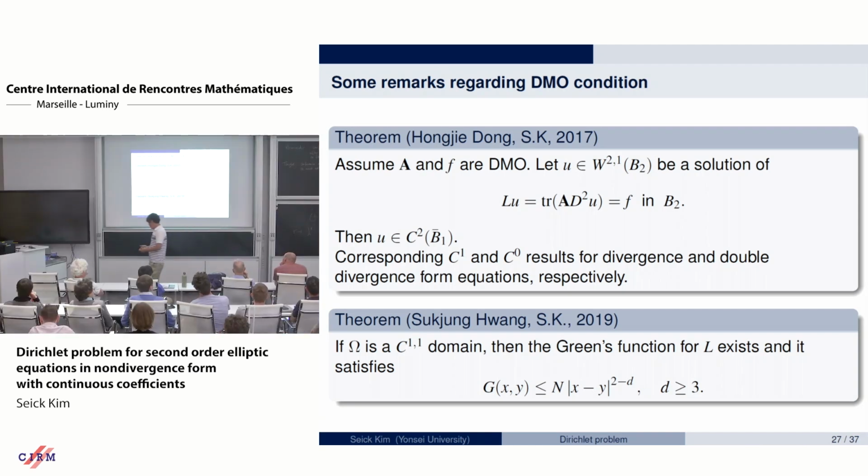Then you have a C^0 result for this double divergence form operator. That is crucial to having the pointwise bound for the Green's function for non-divergence form operators. If you have a divergence form operator, then its adjoint is also divergence form. But if you start with a non-divergence form operator, its adjoint is double divergence.